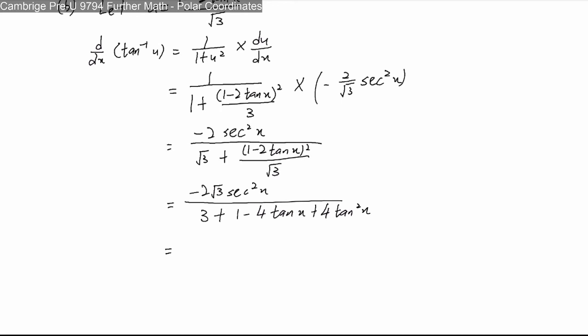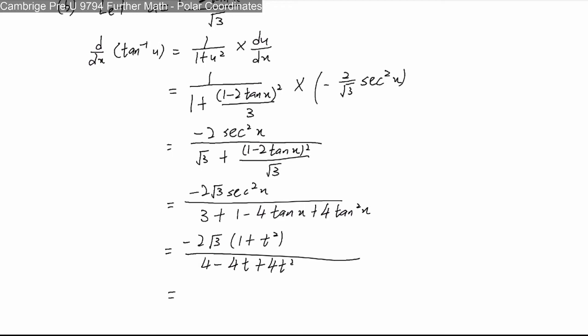If we let t be tangent x, like what we have in the earlier part, we'll get negative 2 root 3 times 1 plus t squared, divided by, for the denominator, 4 minus 4t plus 4t squared. We can simplify that a little to make it the same as the earlier expression.